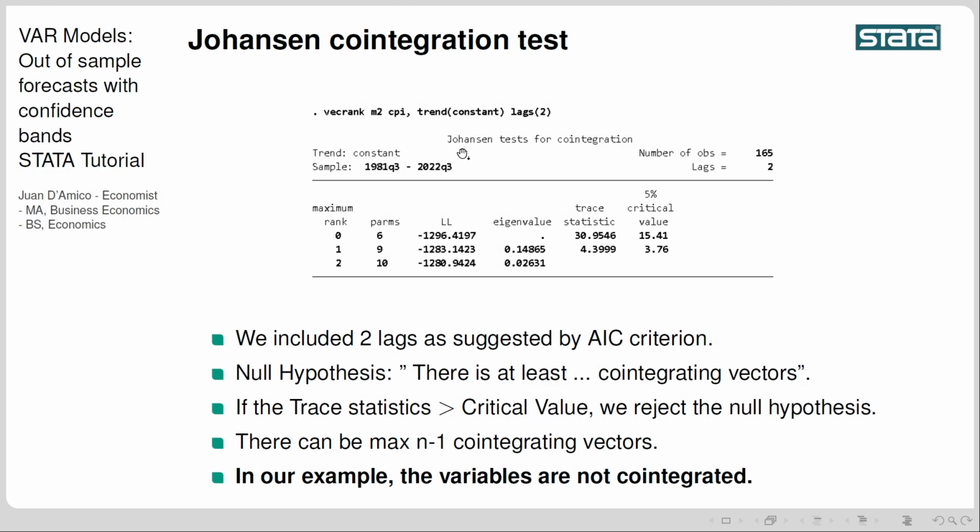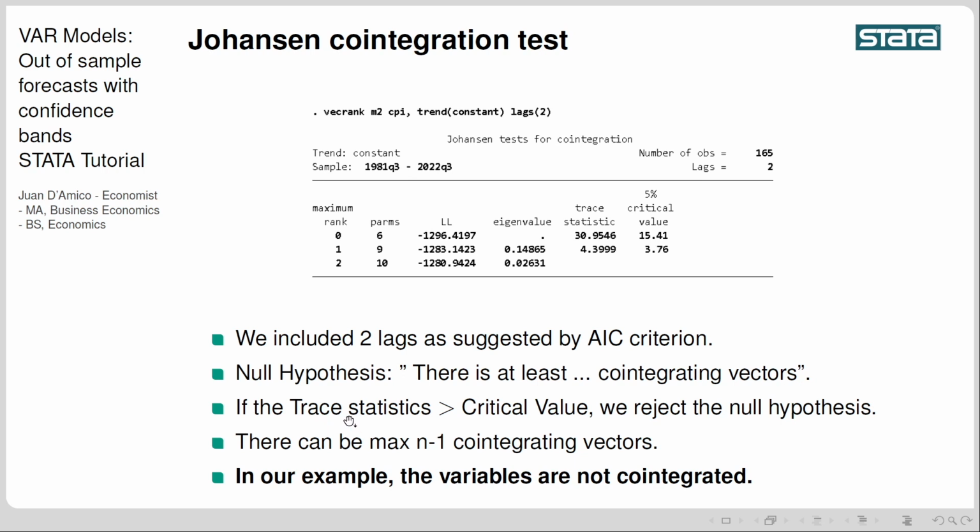Back in the slides, I have here the Johansen Cointegration Test output. We have included 2 lags as it was suggested by the Akaike criterion and all the other criterions as well. The null hypothesis of this test is there is at least 0 cointegrating vectors, there is at least 1 cointegrating vector, and there is at least 2 cointegrating vectors.